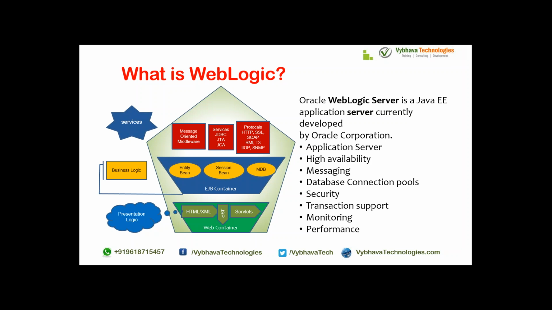If you go for WebSphere MQ, it's a separate server with different MQ services, that is message oriented services, which separately runs only messages. But here it is integrated within your WebLogic server. So that is a high capability messaging capability.